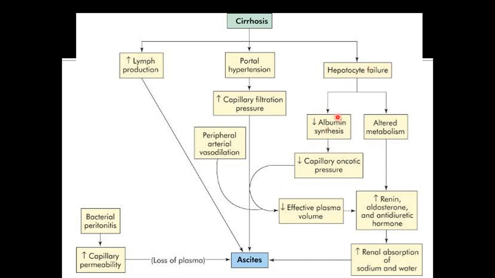So decreased albumin synthesis, which can lead to a decreased oncotic pressure, which will lead to ascites. Also, lymphatic production will go up in liver cirrhosis, and that can lead to ascites as well. So this is just another flow chart showing us how we get ascites as a result of liver cirrhosis.